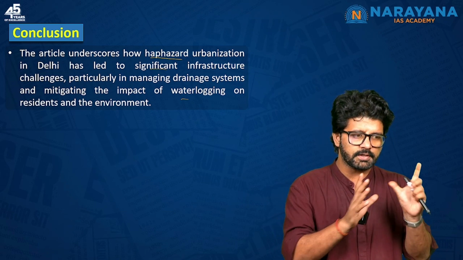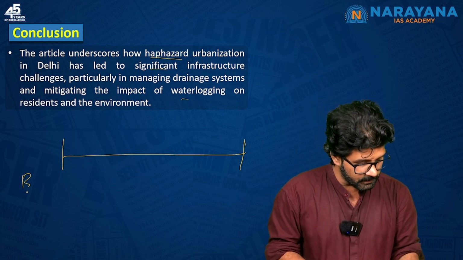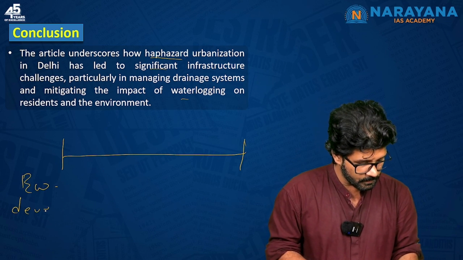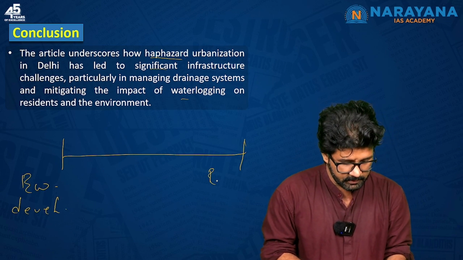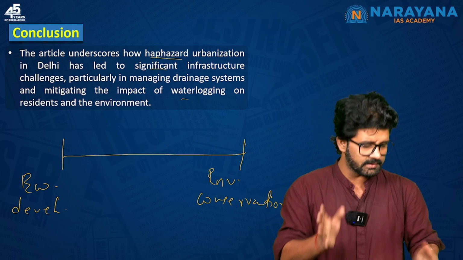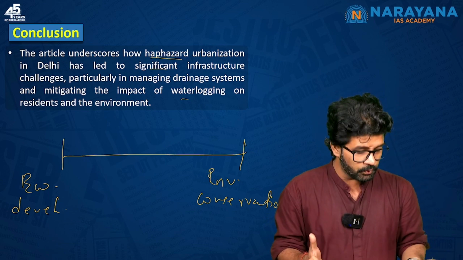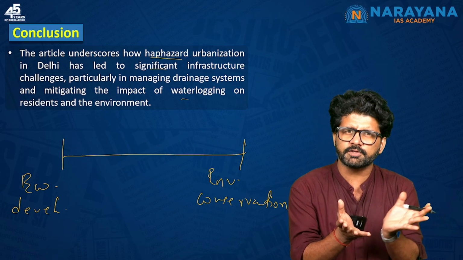There was a very interesting debate related to economic development and environmental conservation. And here also, when you see haphazard urbanization, you see a tussle between economic development and environmental conservation. People say that they lie at opposite ends of the spectrum.